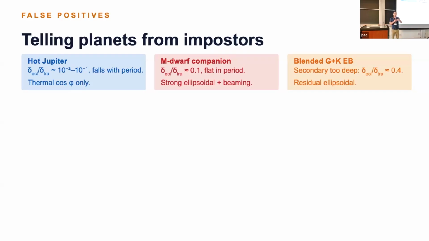And again, this is the ratio between the secondary eclipse depth and the transit. It is not the transit depth or the secondary eclipse depth. It's the ratio between them. So it's a parameter. There are no units on this parameter.